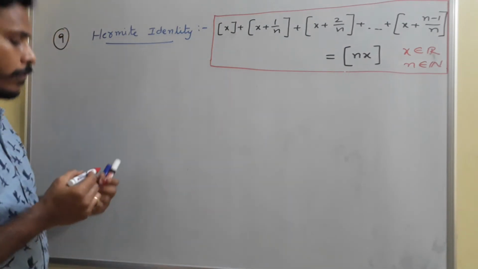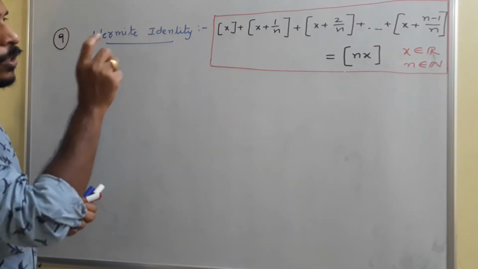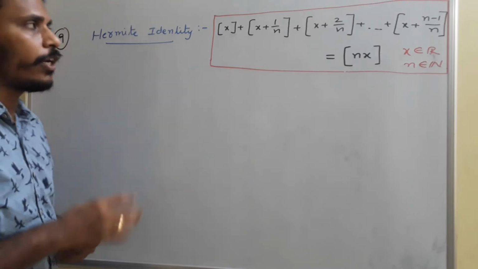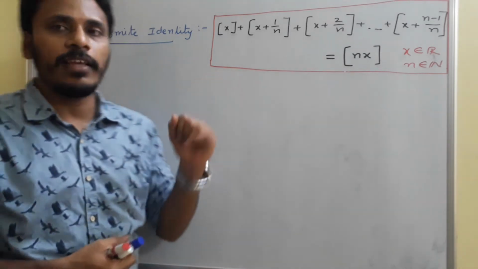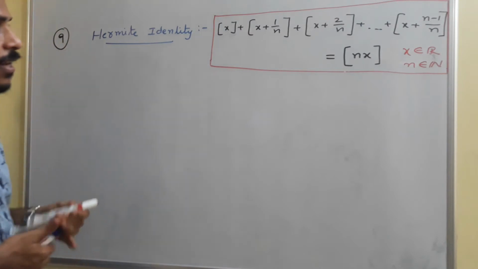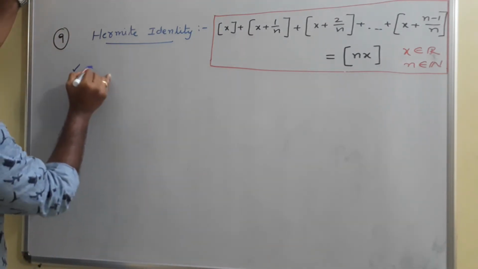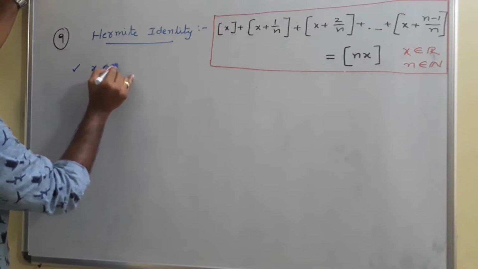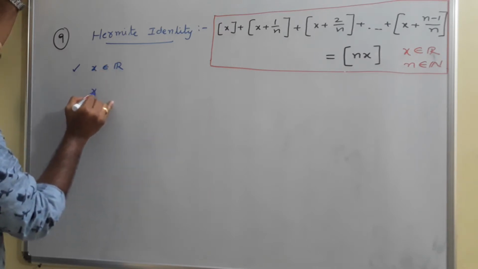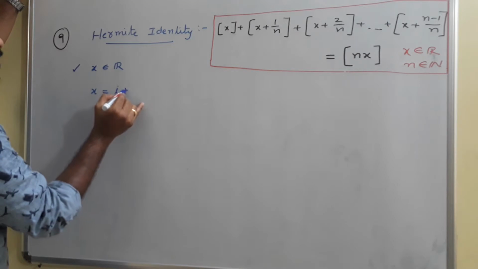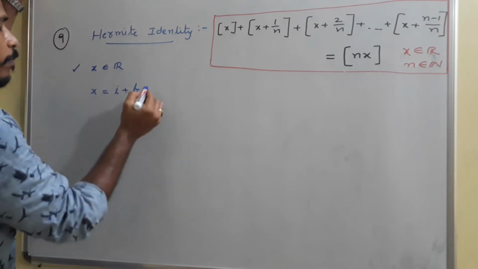Okay, and then to analyze it, to prove it, what we need to do? First of all, x is a real number. Since x is a real number, that x must contain an integral part and a fractional part. As given, x is a real, so x must contain some integral part plus fractional part.